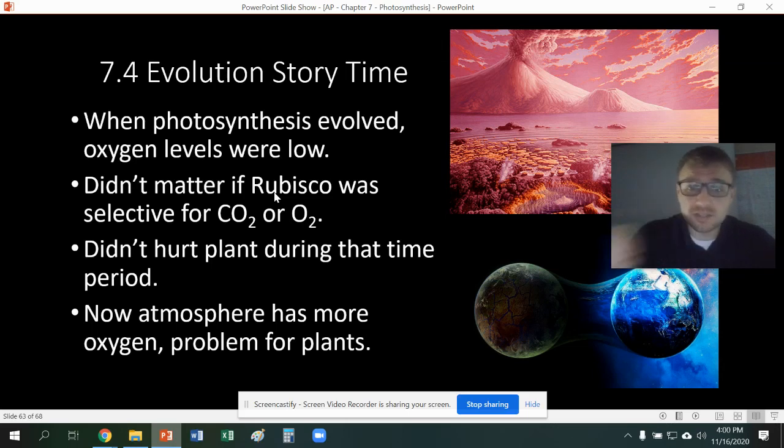CO2 and oxygen are very small and they're very similar in structure, not exactly, but they are smaller and they do have similarities. Rubisco didn't need to be selective for either. It just needed to be selective for that type of molecule. So during that time, you had low amounts of oxygen, and it didn't matter if it was selective or not. Now it needs to be selective because there's higher amounts of oxygen in the atmosphere.